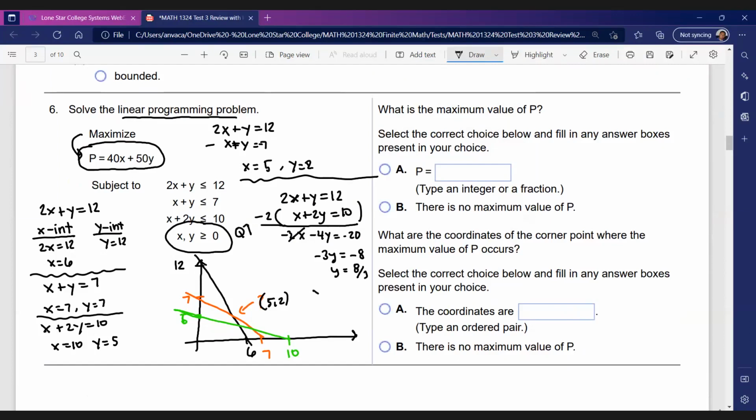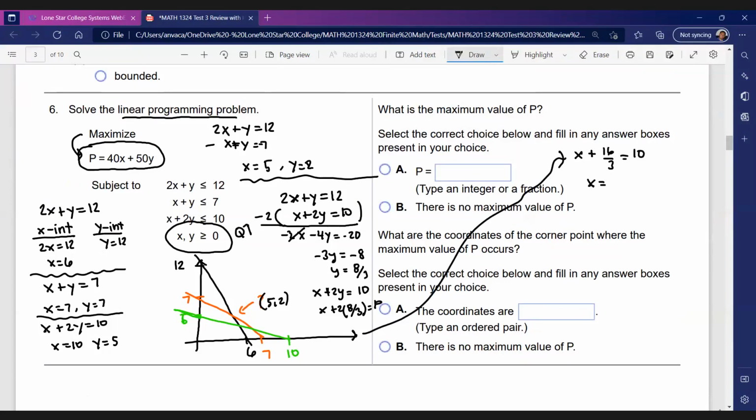So x plus 2y is equal to 10. x plus 2 times 8/3 is equal to 10. Oh, wow. Not only that, but it seems like I'm running out of room to show all my work. x plus 16/3 is equal to 10.